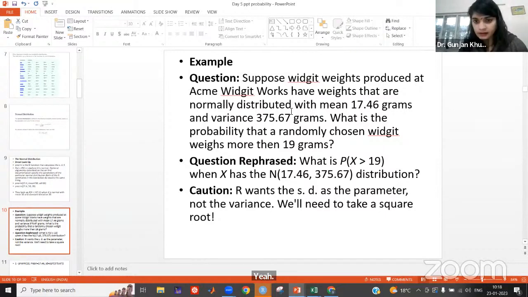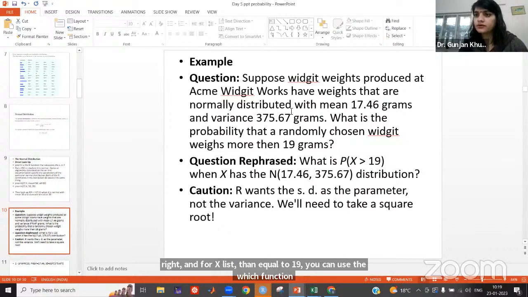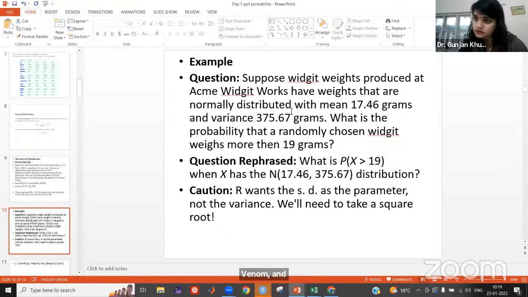For X less than or equal to 19, you can use the pgdav function, very right. And since you are given the variance, you'll find the standard deviation by taking the square root.